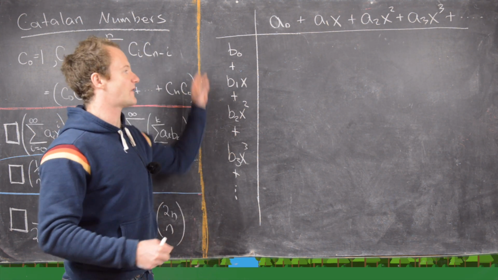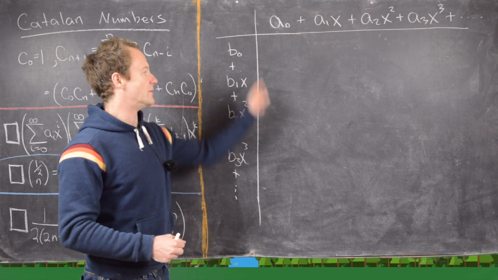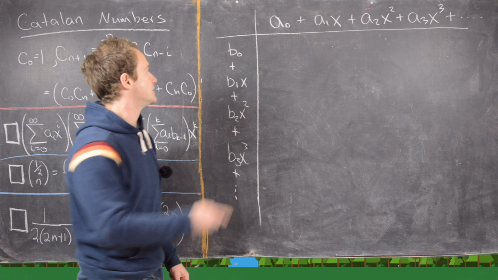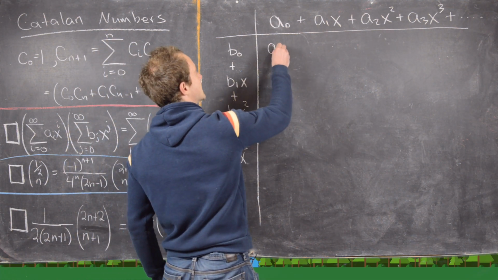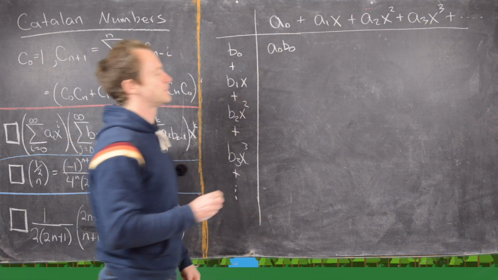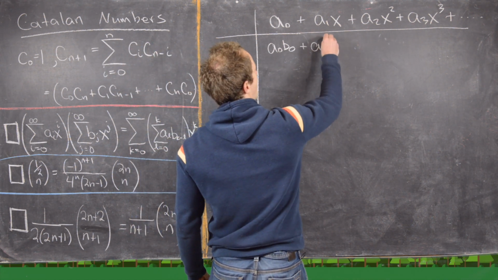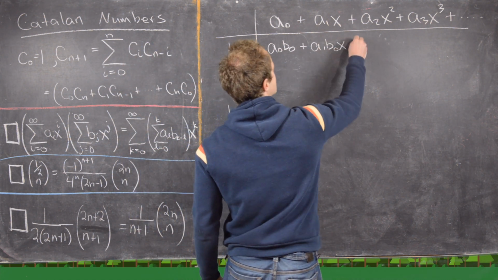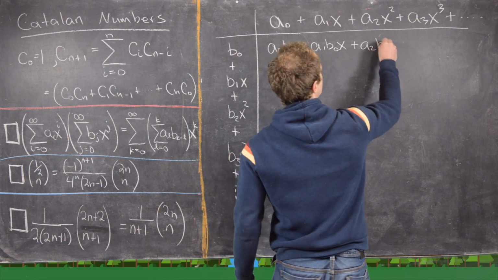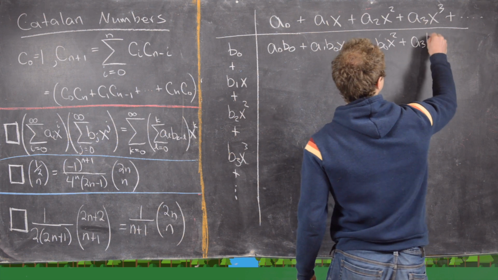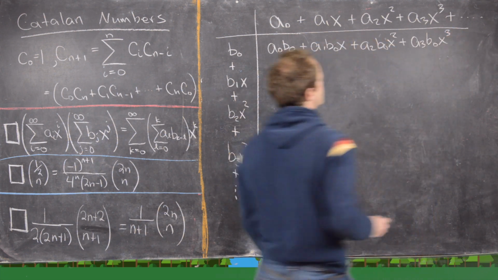If I want to multiply these, it will be just like multiplying all the rows and columns. Notice in this spot I'm going to get a0 b0, and then in this spot I'll get a1 b0 times x. Here we have a2 b0 times x squared. Here we have a3 b0 x cubed.